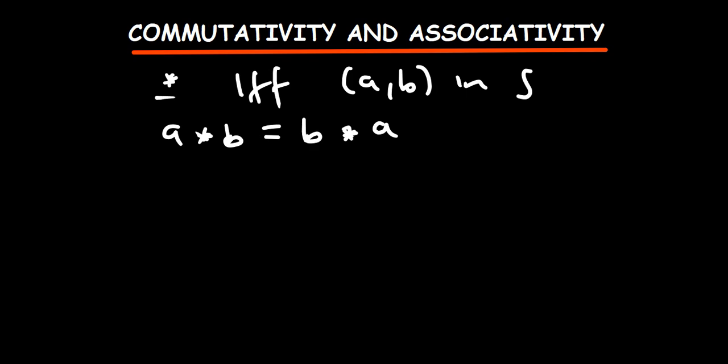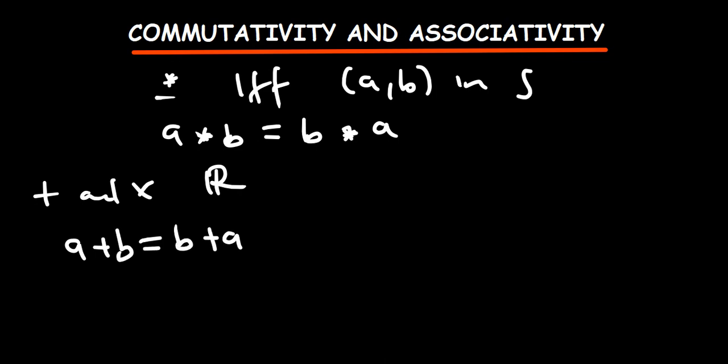Let's say we have a binary operation of addition and multiplication. For the set of real numbers, this commutativity rule is going to hold, because A plus B is equal to B plus A, addition is commutative. And A multiplied by B is the same as B multiplied by A.